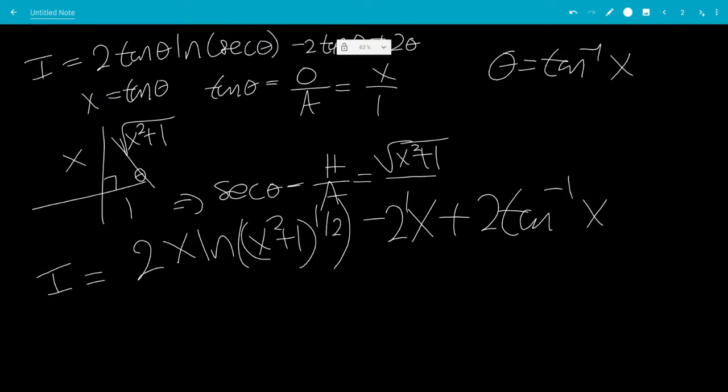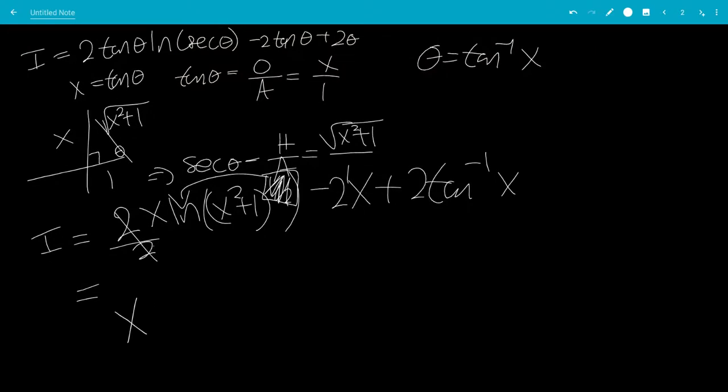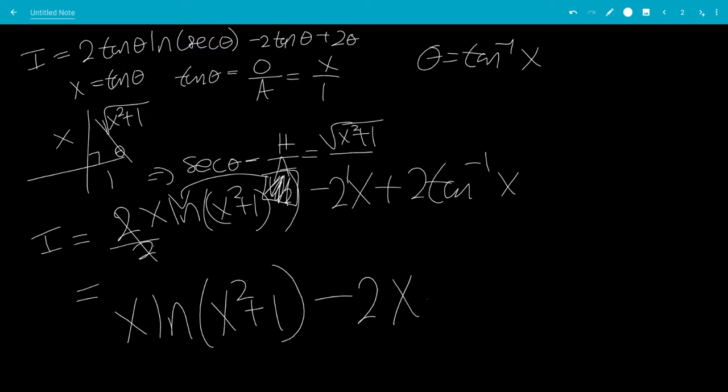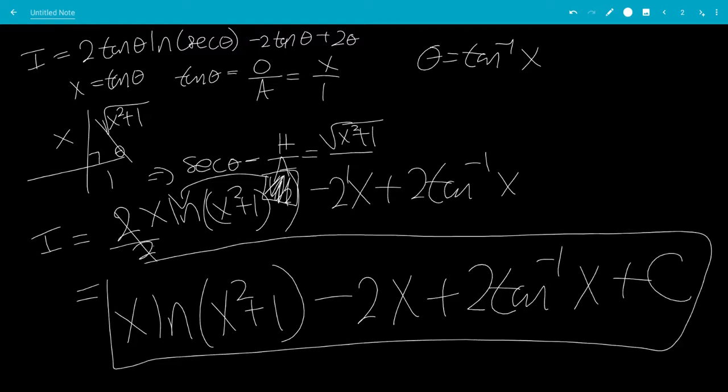And then we can add c, but I'm just going to do another cancellation. This 1/2 will go to the front. So I'll just divide by 2, and then the 1/2 will go away. 2 over 2 is 1. So our final answer is x ln of x squared plus 1 minus 2x plus 2 inverse tangent of x plus c. And that is the answer and the end of the video.